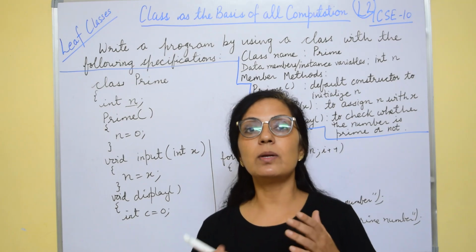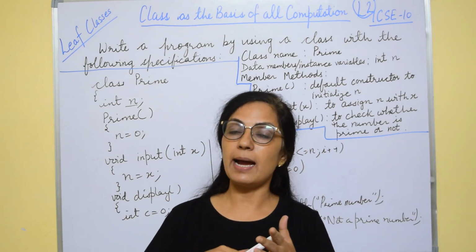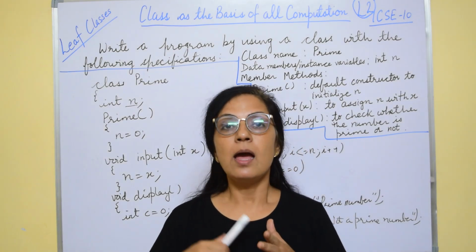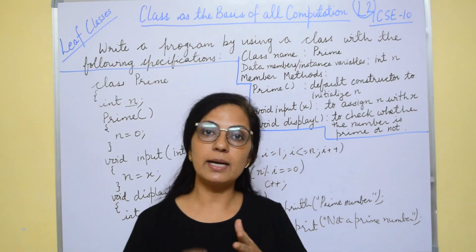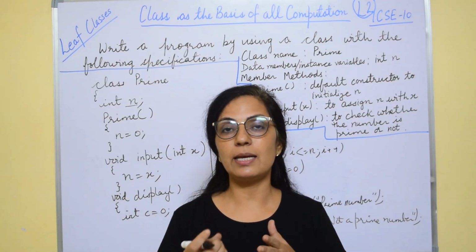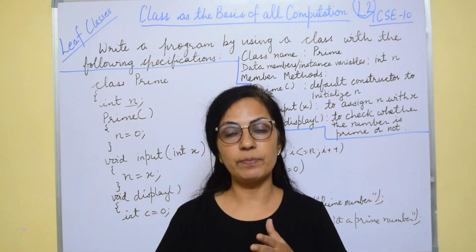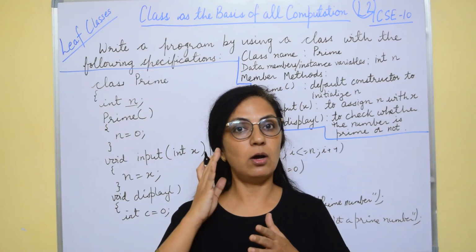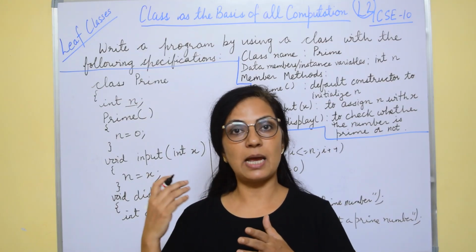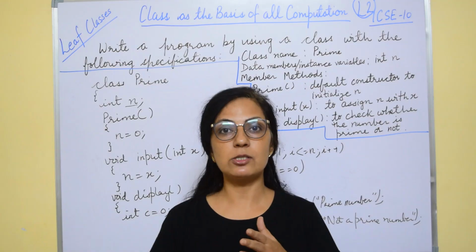The difference between local variable, class variable and instance variable should be clear. In your questions, you don't get the question where you have to write any class variable, that is static type. But instance variable always you will be doing in these type of programs, and local variables always.